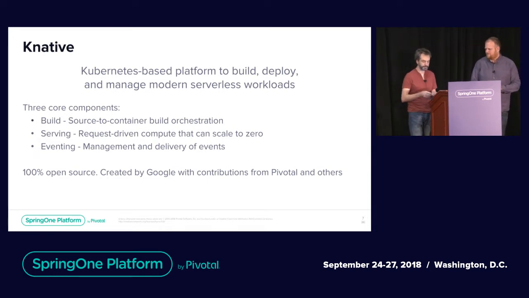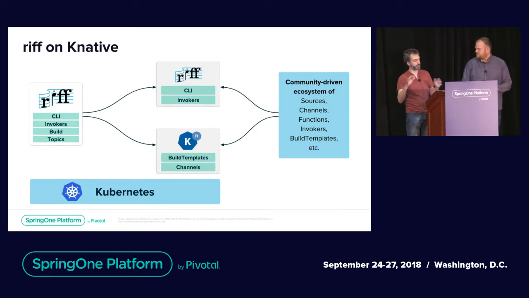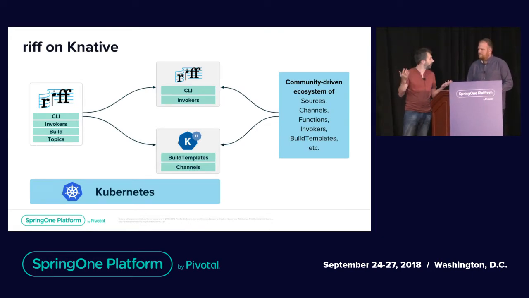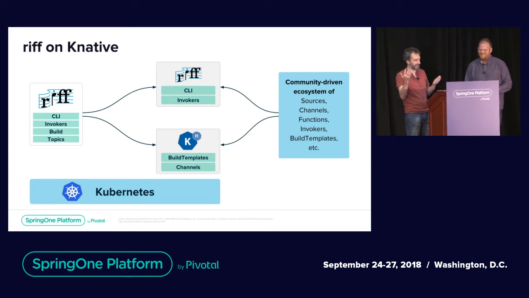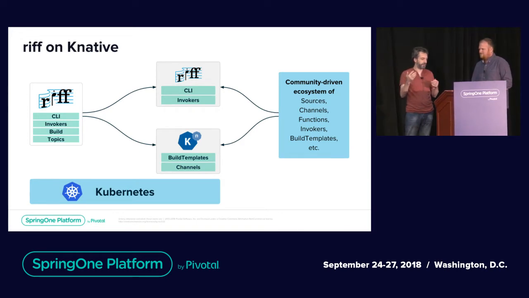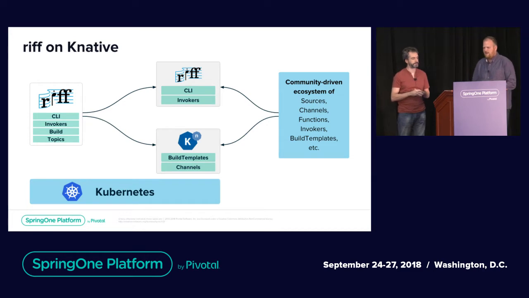So how do Riff and Knative relate, really? Because I've been working on Riff for a while, I remember the CLI and the concept of invokers that turn source code into functions. Is that still relevant? Yeah, so last year at SpringOne, we announced Riff. Since then, over the summer, once we learned of the Knative project with Google, we replatformed Riff on top of Knative.